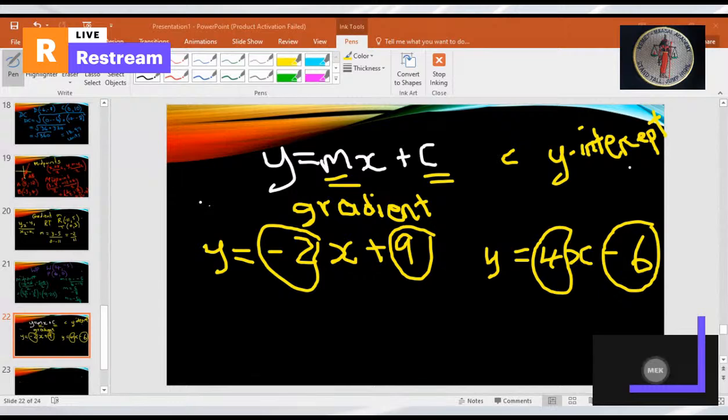So we're going to wrap up this session now. And when we have our next session on relations and functions, we continue our revision of the equation of the straight line and perpendicular lines.